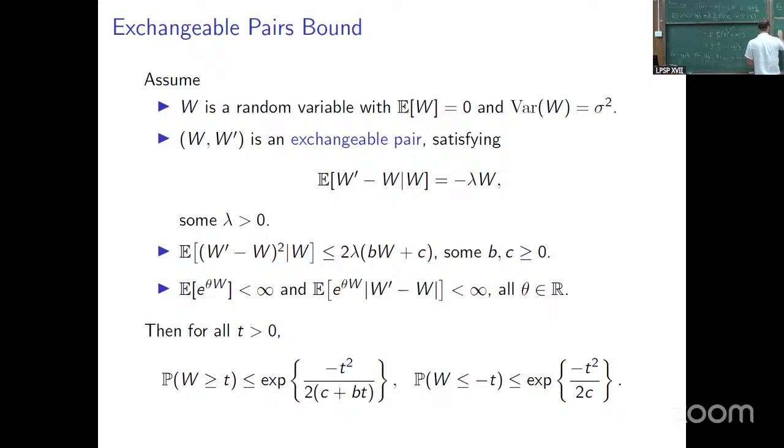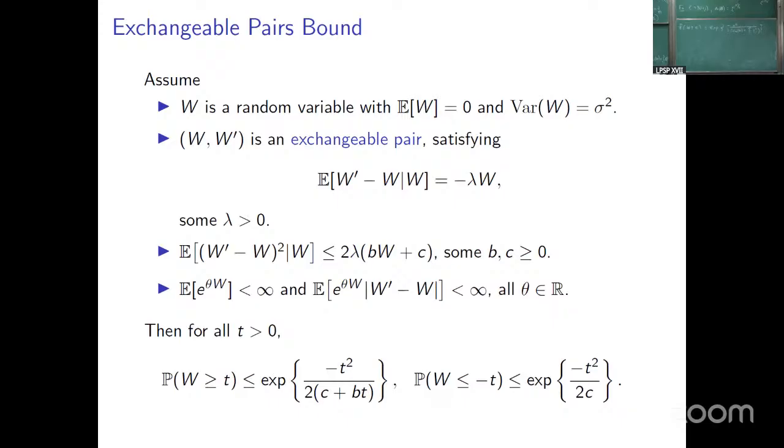This gives us, for example, that the probability that W is greater than or equal to T, well, here actually B is 0, so the bounds are the same, is less than or equal to exp of negative T squared over 2 times the variance of W plus the sum of the C I squareds.